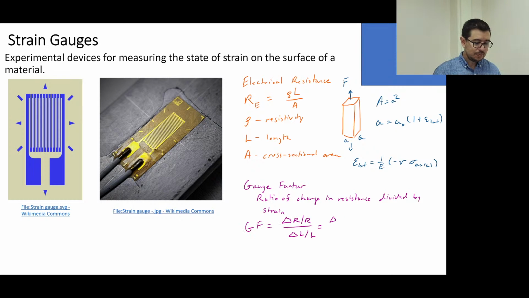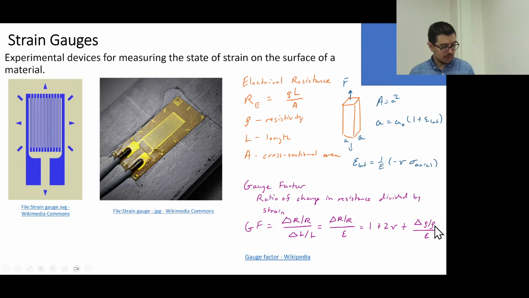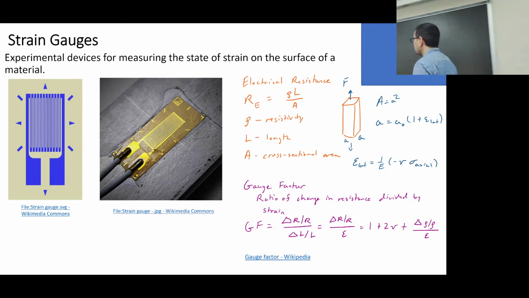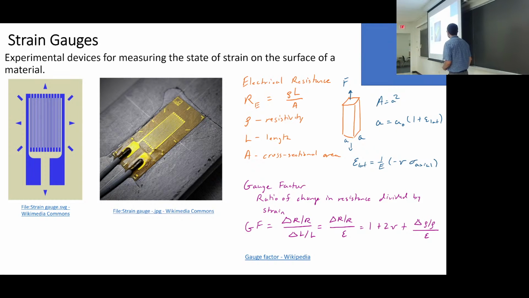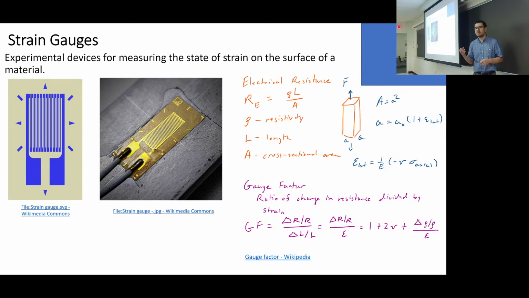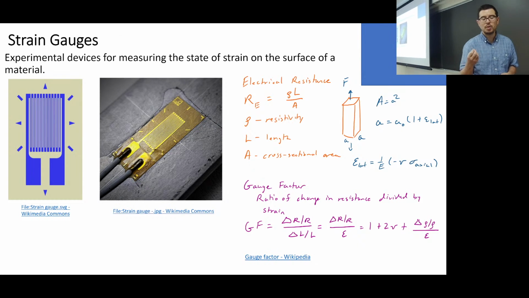But it turns out that this gauge factor is also going to be affected by a change of resistivity over rho as well. So the material itself also responds somewhat to the strain.